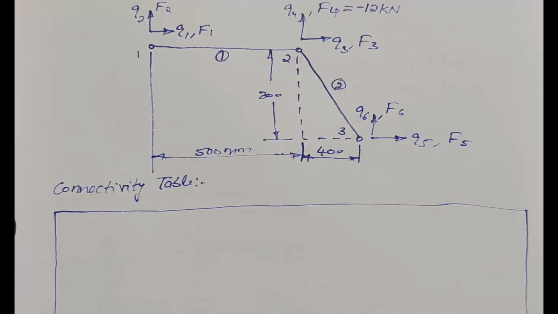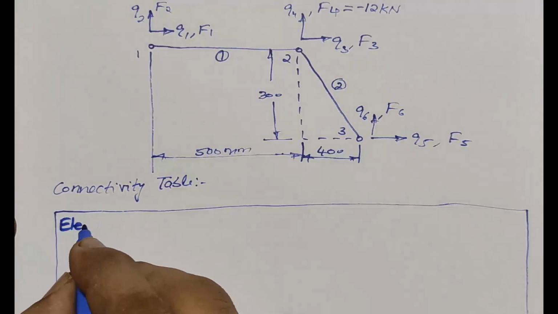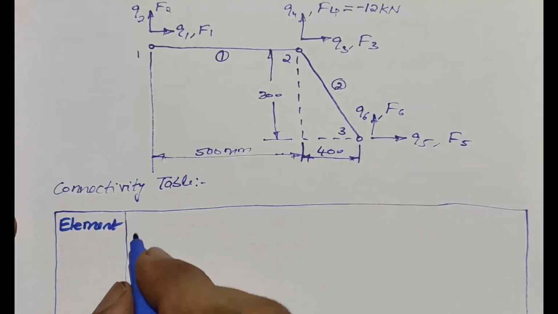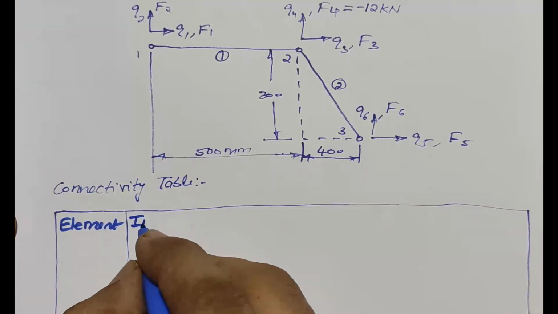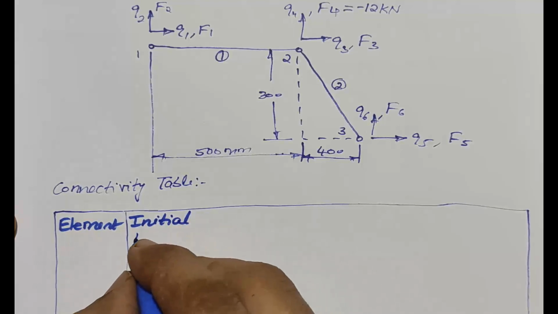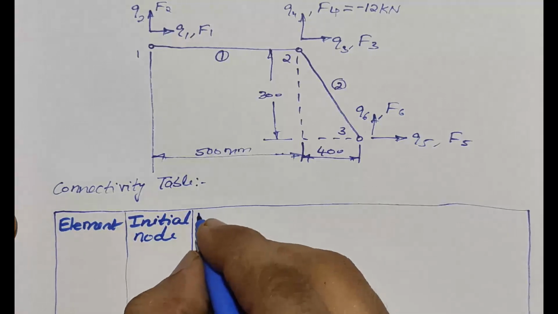If you make a mistake while writing the connectivity table, then the entire problem becomes wrong. See, the first column we will take as element number. Element. Next is initial node. Final node.